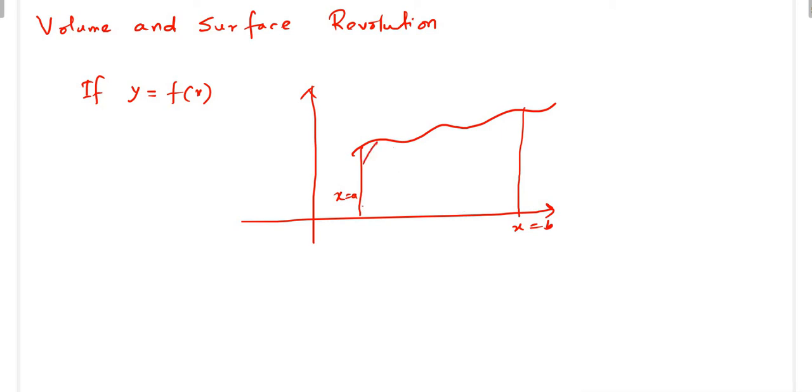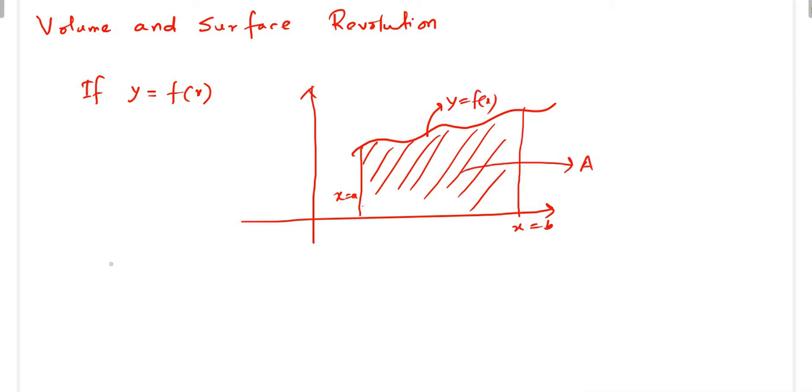The area under this curve y equal to f(x) is given by the area A, which is the integration from a to b, and the range is x, integration a to b, f(x) dx. This is the area that you already know.